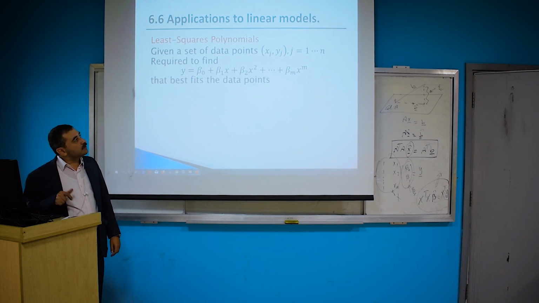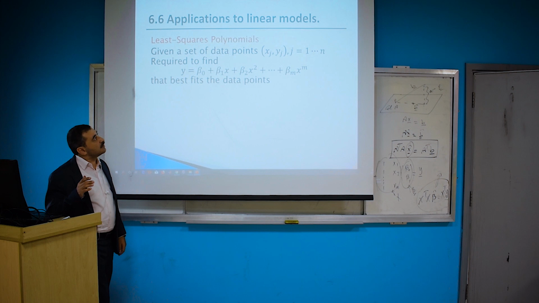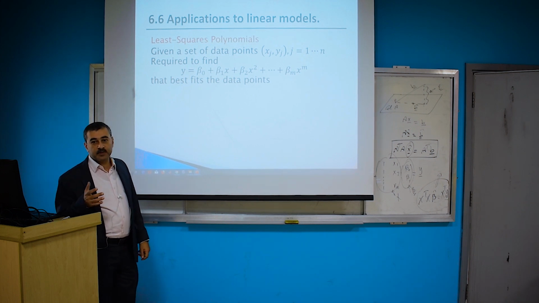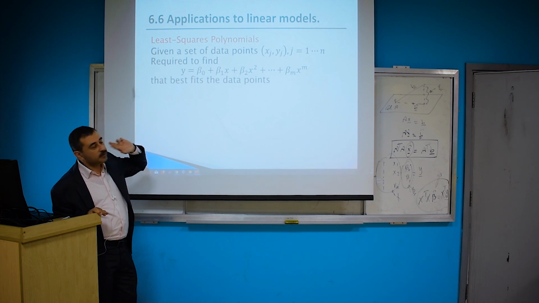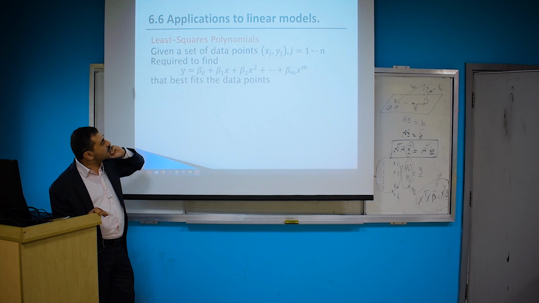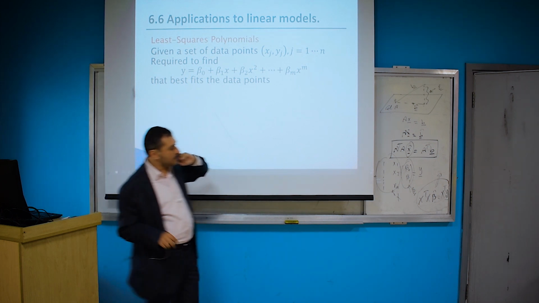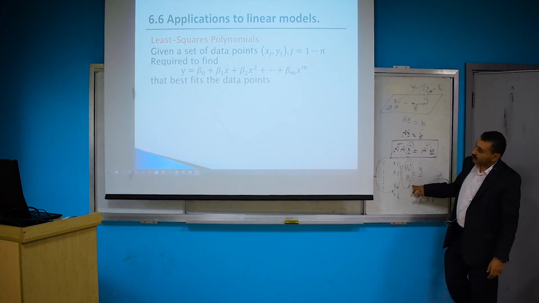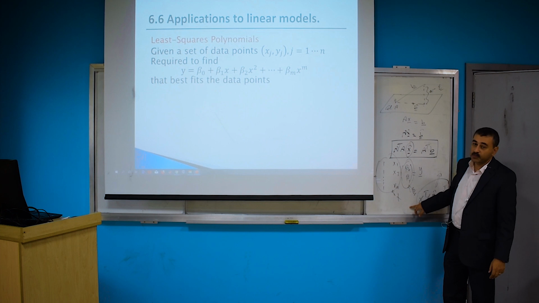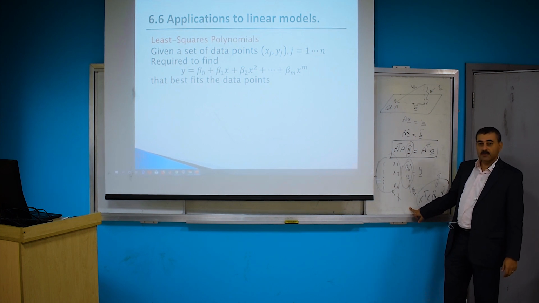You can fit not only a straight line, you can fit, for example, a polynomial. This is a polynomial of degree m. I want to fit my data points to a polynomial. So what would be the difference from this case? Here we'll have beta naught, beta 1 up to beta m, unknowns.